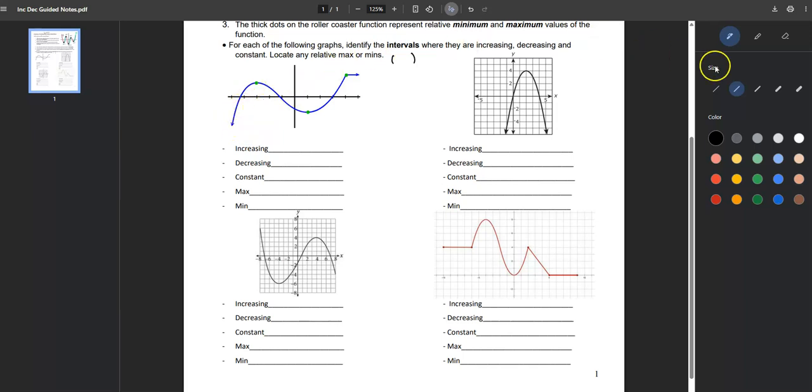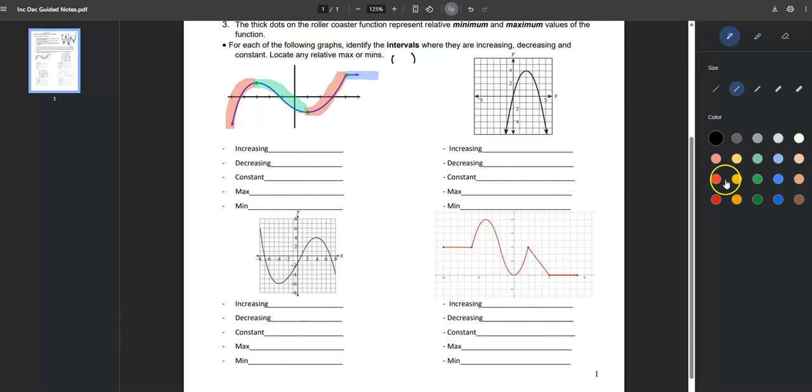Again, if you want to highlight, I think that's actually a really good habit. This is increasing here, and then it's increasing there as well. Okay? And then it's decreasing right there, and then I do have a constant, which is right there as well.